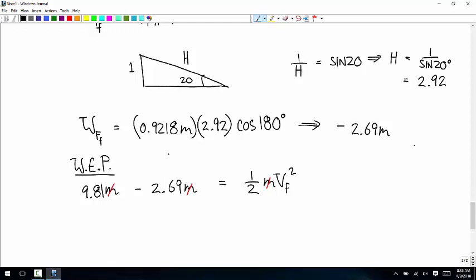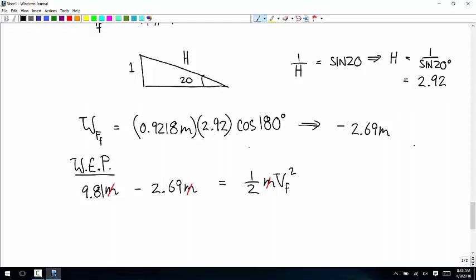Right. And we still have to multiply by cosine. I said sine, but this is the second definition of dot product, cosine of the angle between the force vector and the displacement vector.